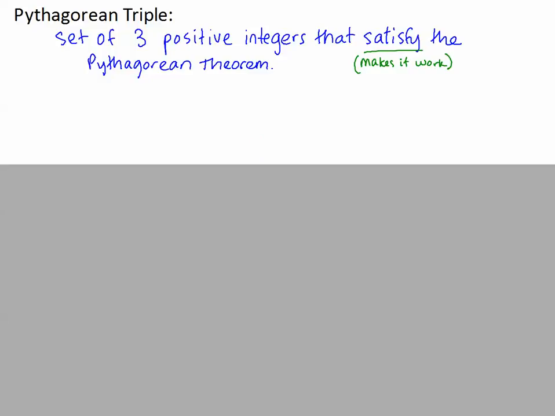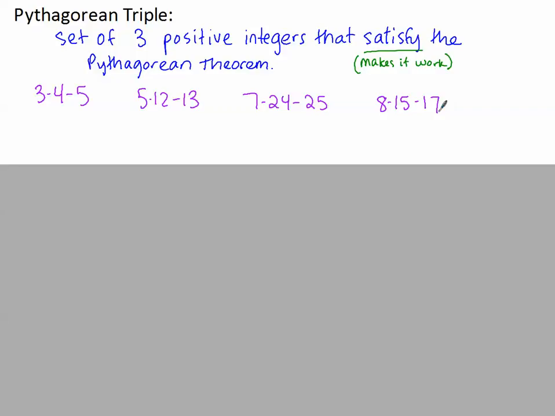Some very common triples, the ones that are used most frequently, are 3, 4, 5, 5, 12, 13, 7, 24, 25, and 8, 15, 17. There's actually an infinite amount of triples. These are just the ones that we see a lot.